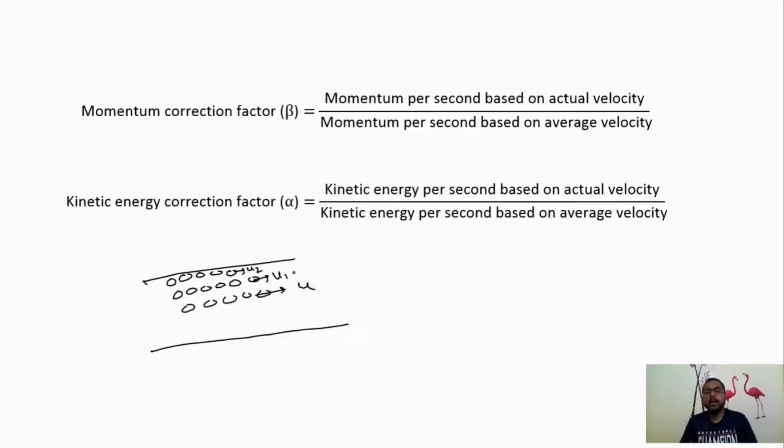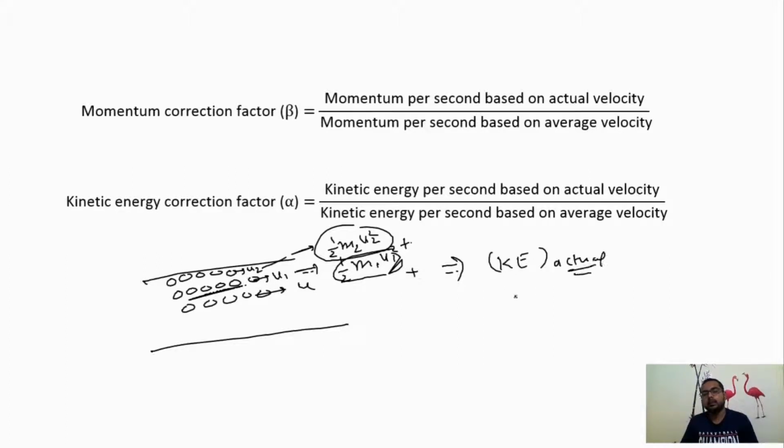So the kinetic energy is half m1 u1 square, and half m2 u2 square, and you need to calculate these kinetic energies for all layers and sum them to get the actual kinetic energy.